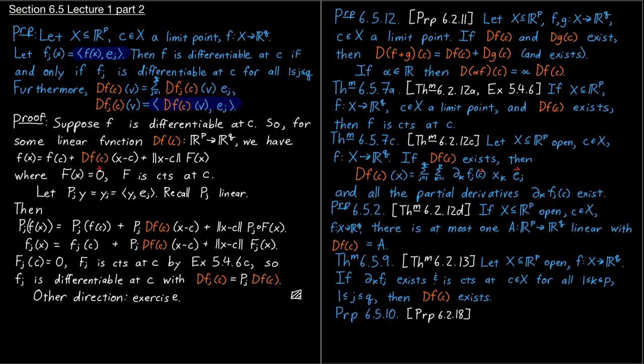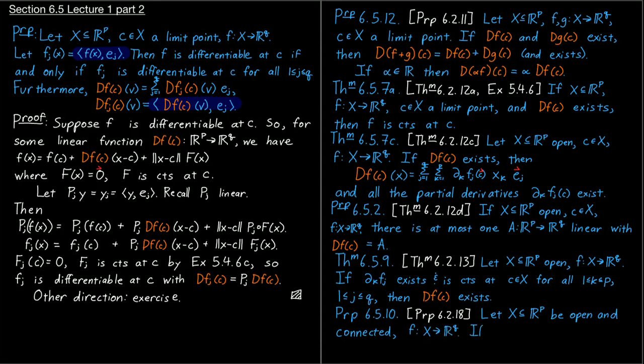And the last of these: we're going to let X be open and connected. So we don't just need open, we need open and connected. And f a function from X to R^q.